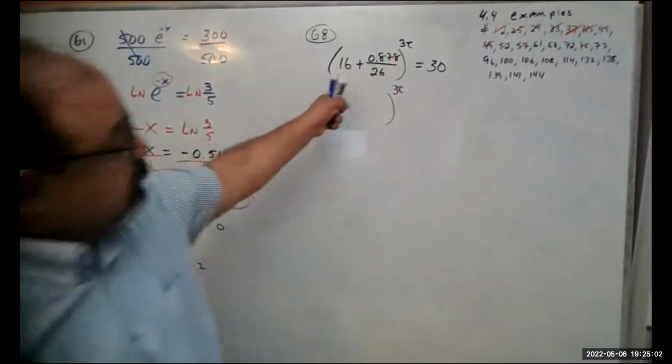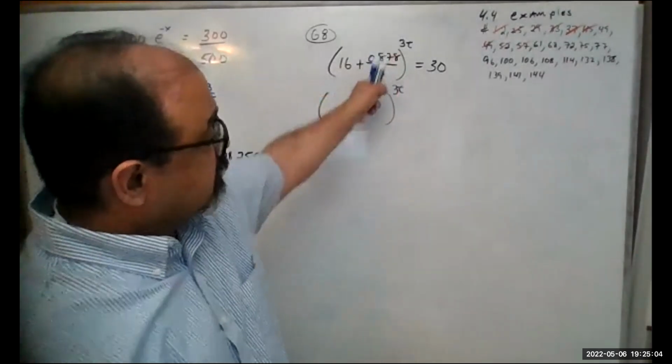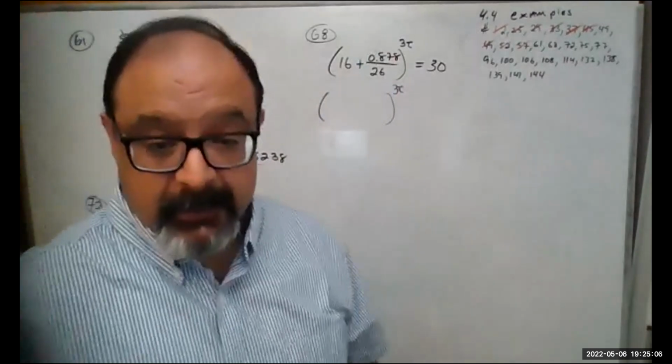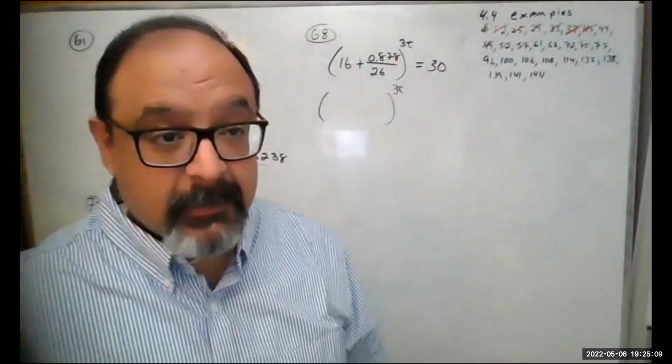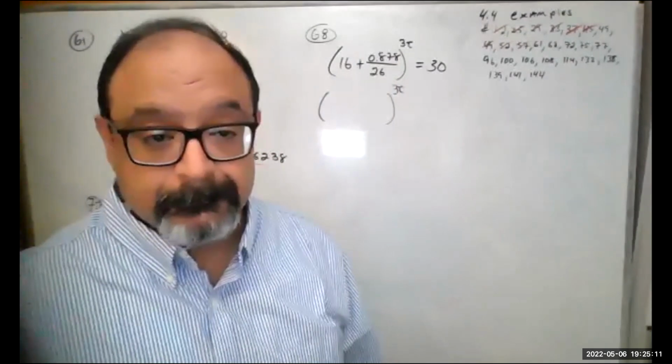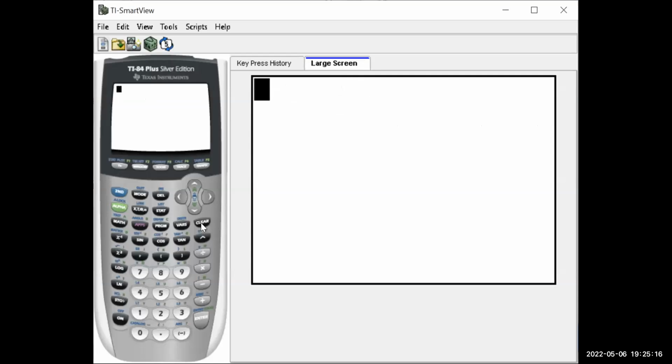So inside on my calculator, I'm going to go 16 plus this fraction. This time I'll make sure I screen share. Just not used to doing the screen share. So 16 plus, we have 0.878 divided by 26.